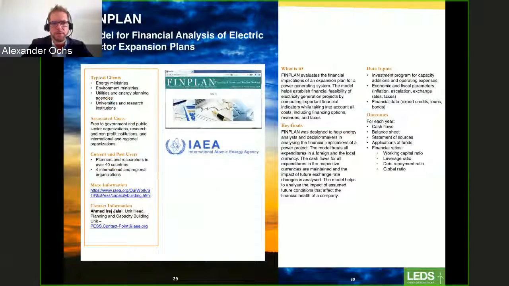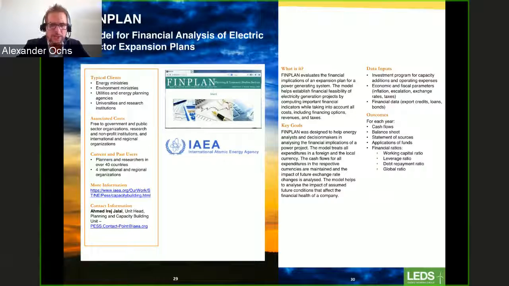The next tool is called FinPlan by the International Atomic Energy Agency. FinPlan is a model for financial analysis of electric sector expansion plans. It helps to assess the financial viability of plans and projects.